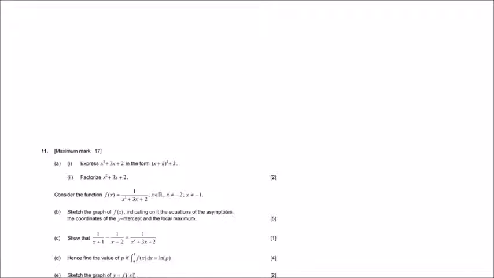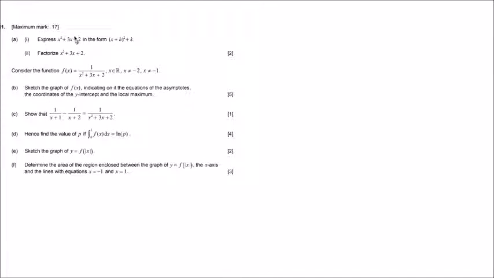Question 11. Okay, easy enough. Express x squared plus 3x plus 2 in this form. Take the 3, divide by 2, and square it. You'll get 9 over 4.